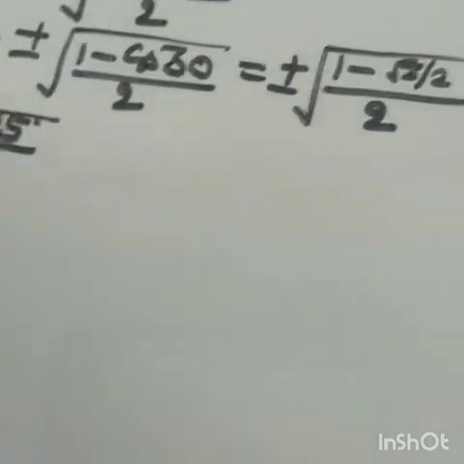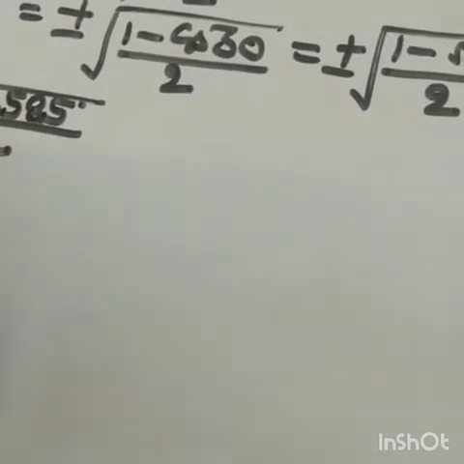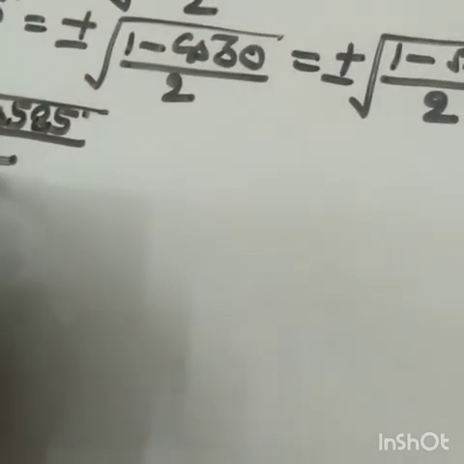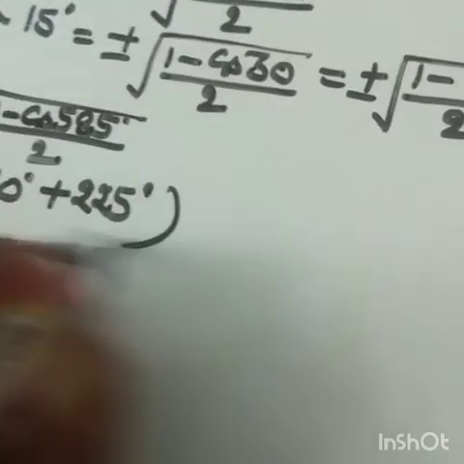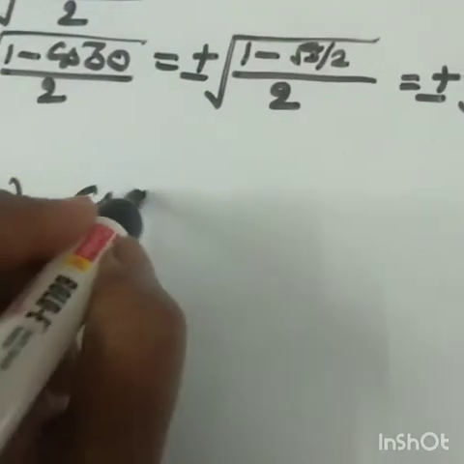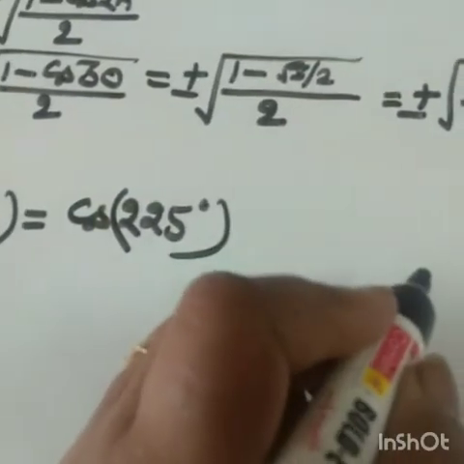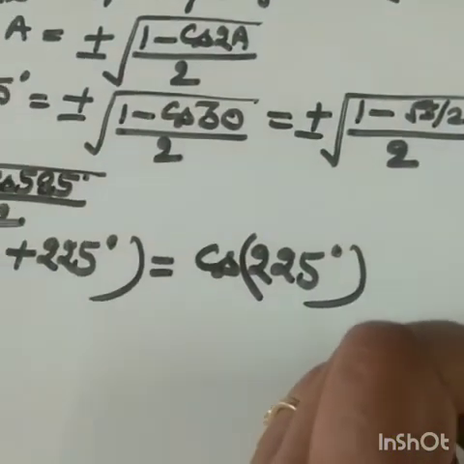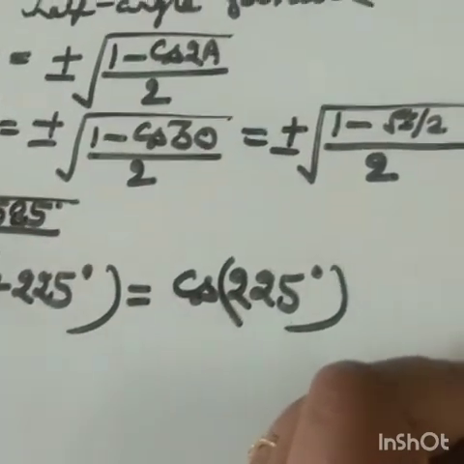Now we need to know how to find out cos 585. Cos 585 is cos of 360 degree plus 225 degree, and cos of 360 plus theta is cos theta, so it will be cos 225 degree. Please refer to the conversion table, those of you who have still not learned, because without that table you cannot proceed with the questions in any exercise.